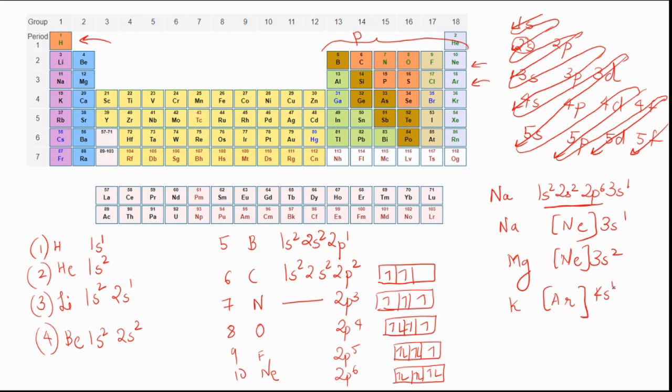Then for calcium we will have argon and 4s2. So this is 4s.